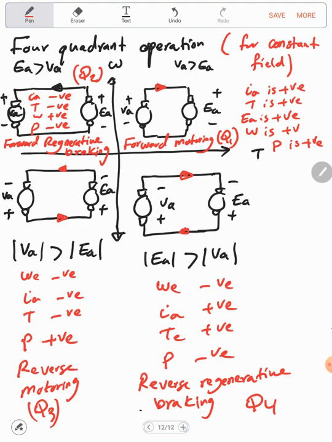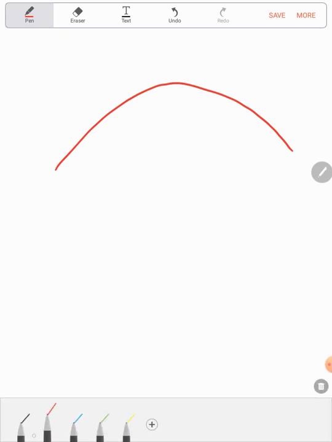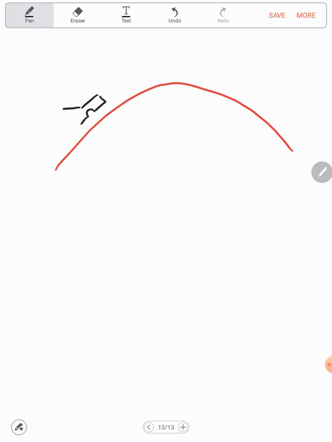Now in order to give you an example of the regenerative braking, let's assume that here we're having a car, and the car is climbing up in this direction.